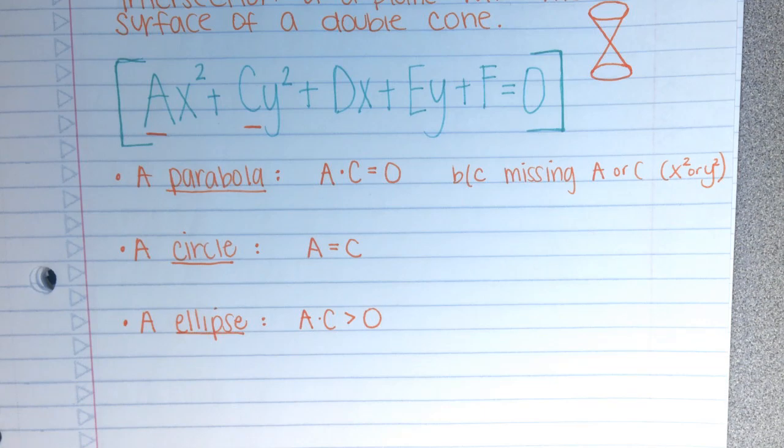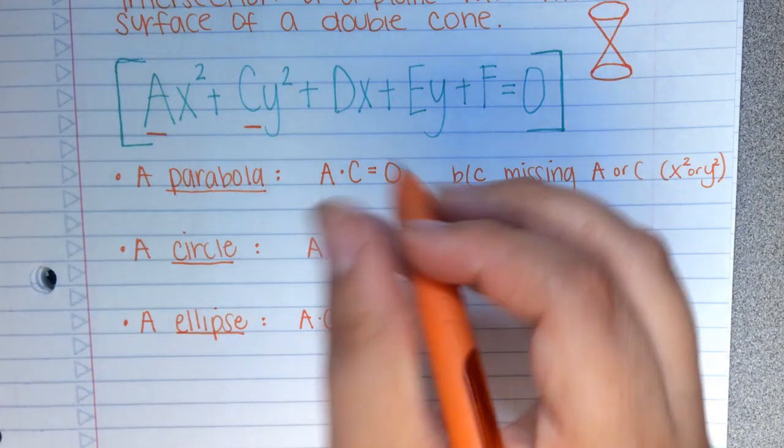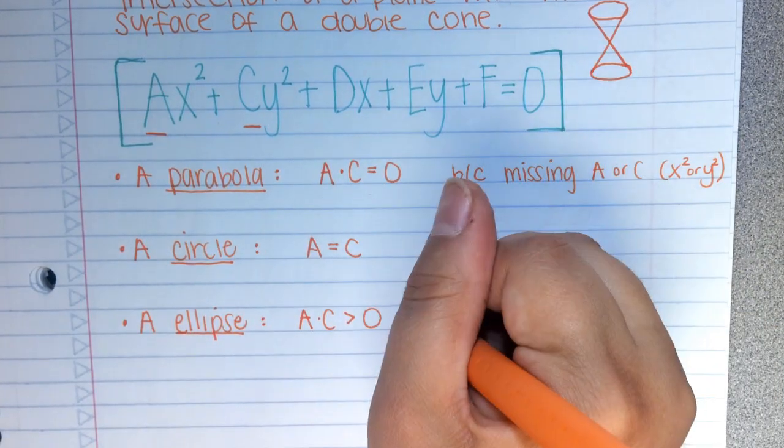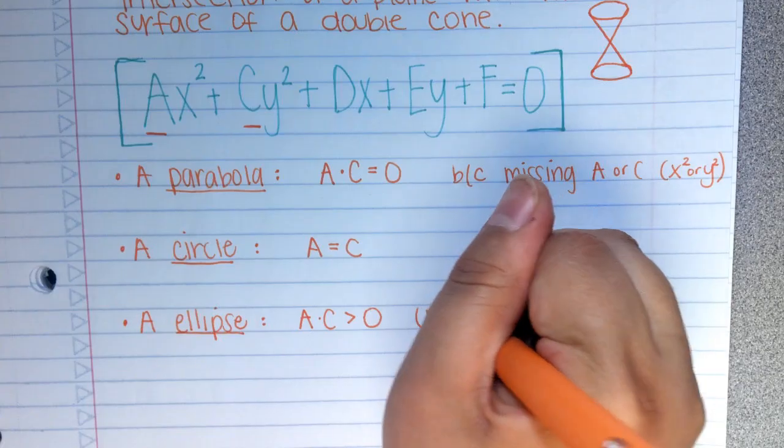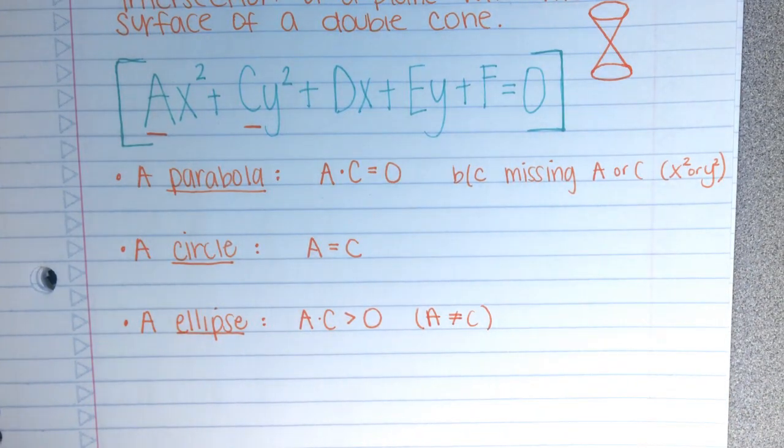Do y'all agree that's greater than 0? But is that an ellipse? Why not? Because they're the same. So for an ellipse, A times C is greater than 0, but A does not equal C. Because if A equals C, then it's a circle.